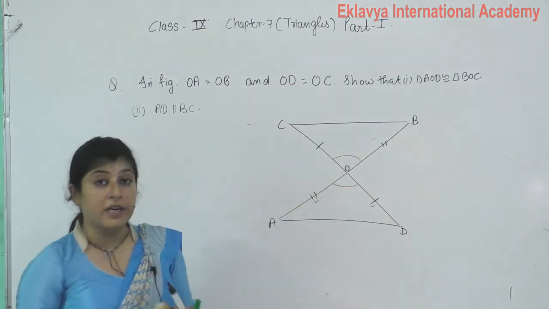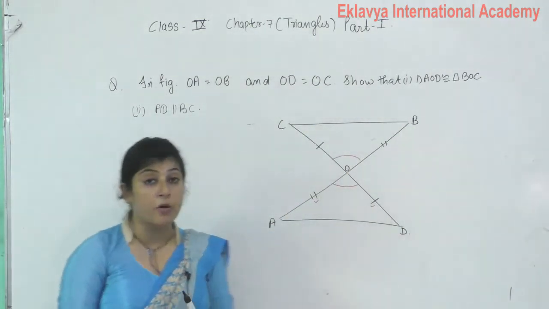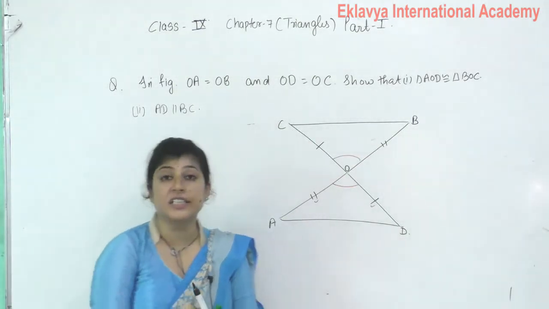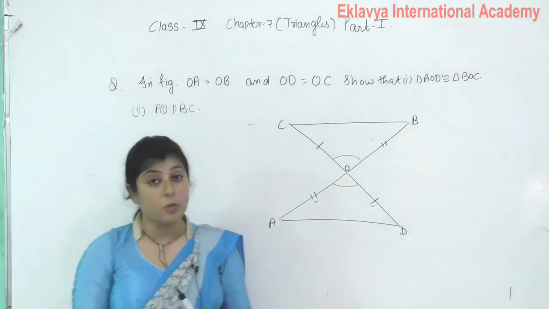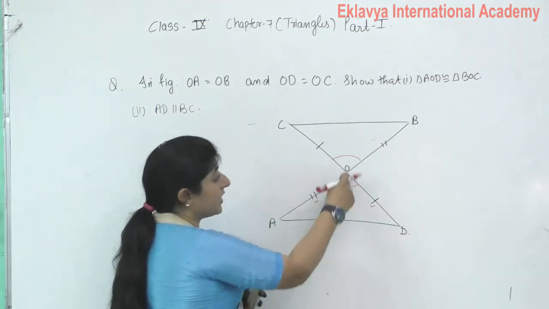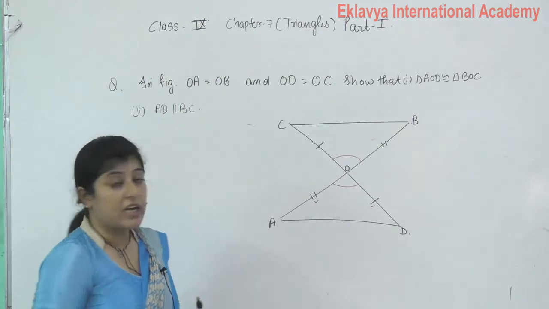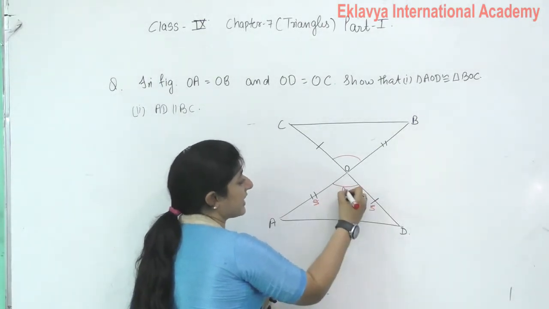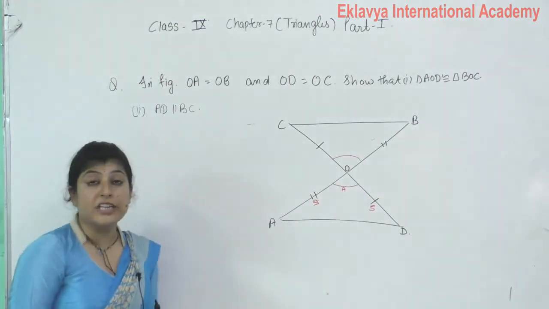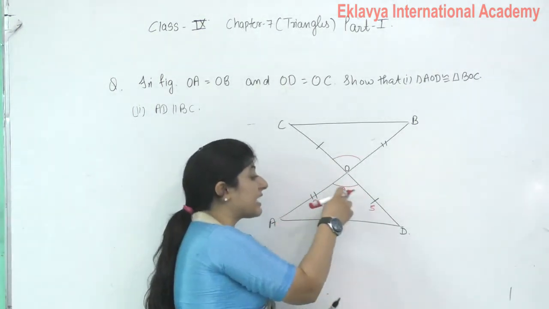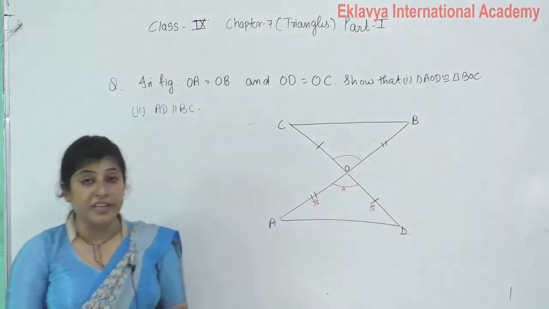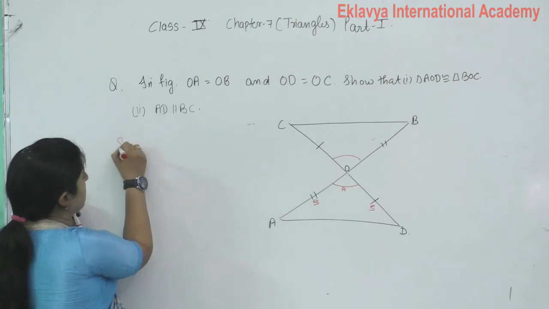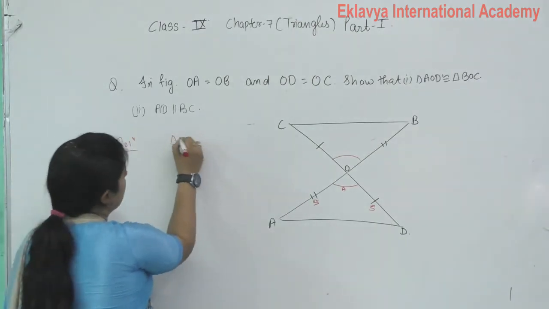If you see properly, these are vertically opposite angles. Whenever two lines intersect each other, their vertically opposite angles are equal. That's why angle AOD is equal to angle BOC. So now you can see this side, this angle, it is the included angle. So by the side angle side congruency rule, we can prove that these two triangles are congruent.